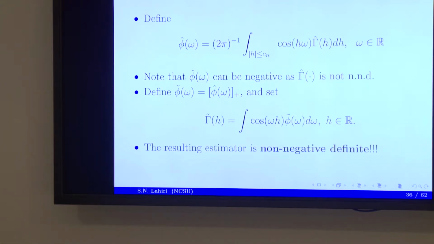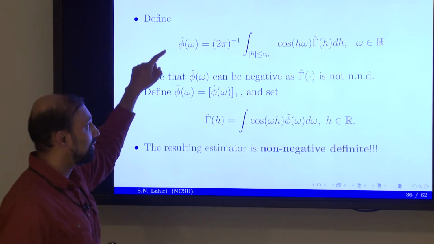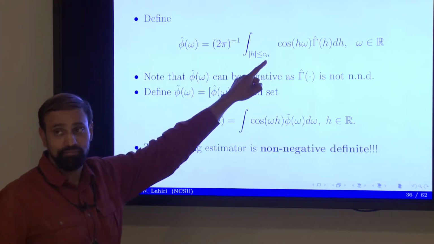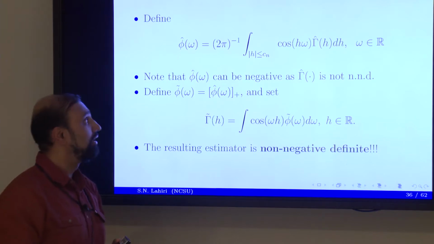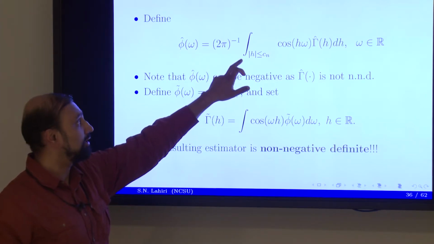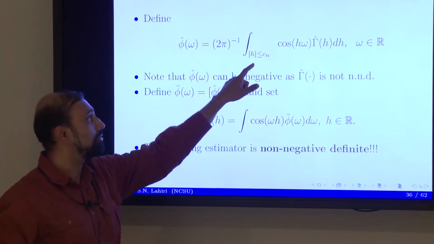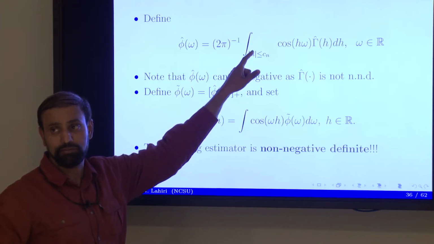So the trick here is the following. It's not easy to ensure that an estimated function is non-negative definite. But if you look at the corresponding estimate of the spectral density coming from this estimate by this inversion formula, whatever I have written there, you are essentially replacing the integral from minus infinity to plus infinity by a finite interval from minus cn to plus cn.